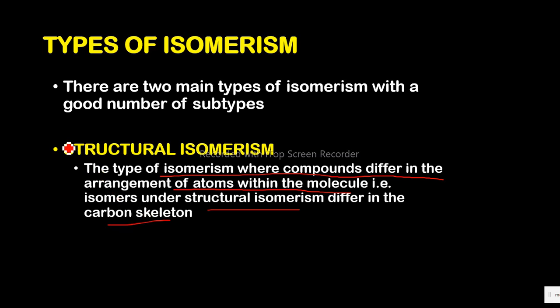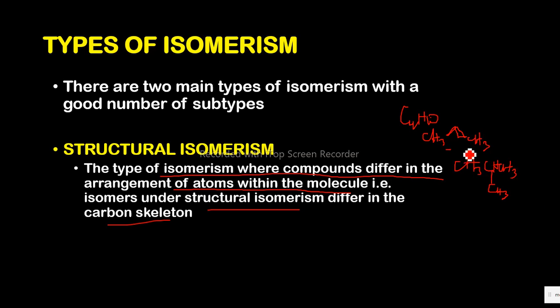For example, the C4H10 we just wrote can be n-butane, CH3, then CH2, CH2, and CH3, or it can be 2-methylpropane, which is CH and then CH3. If you put the CH3 here, it can be this or this.